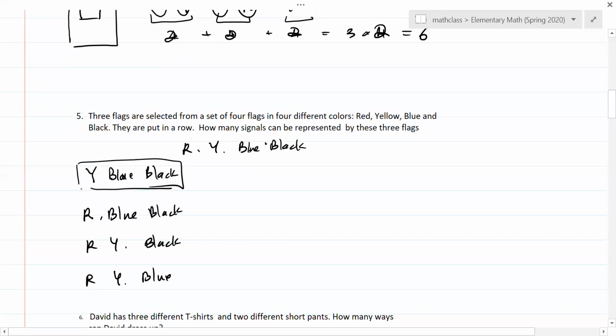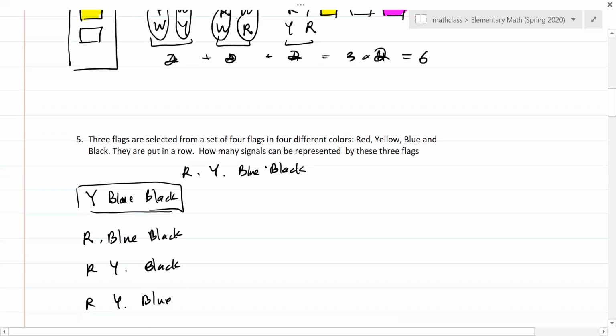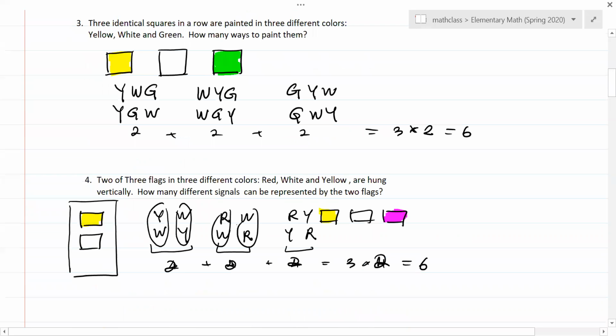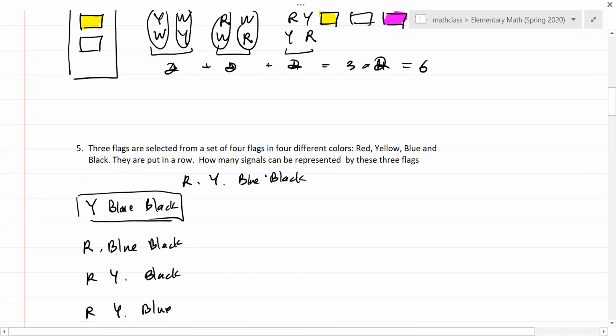Question is how many you can get. I think we already did similar problems. If you have 3 flags in 3 different colors, how many different ways can you put them in a row? Okay, so in total we get 6. So then there will be 6 combinations here, and a 6 here, a 6 here, a 6 here.